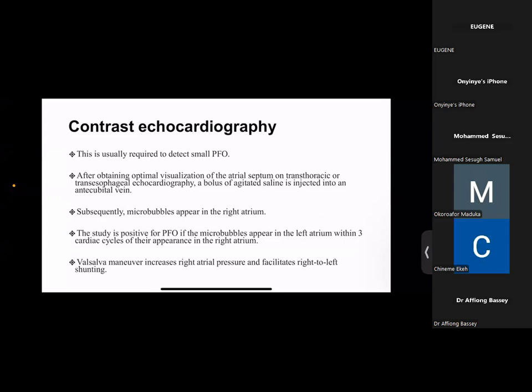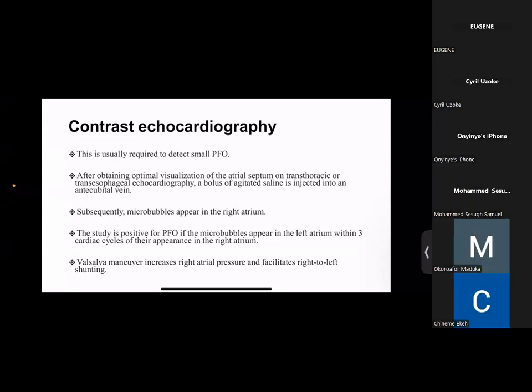This agitated saline appears in the right atrium. The study is for you to check if microbubbles will cross from the right atrium to the left atrium. So it's important to do maneuvers that will increase right-sided pressure, like the Valsalva maneuver, so that the pressure on the right side becomes greater than the left.